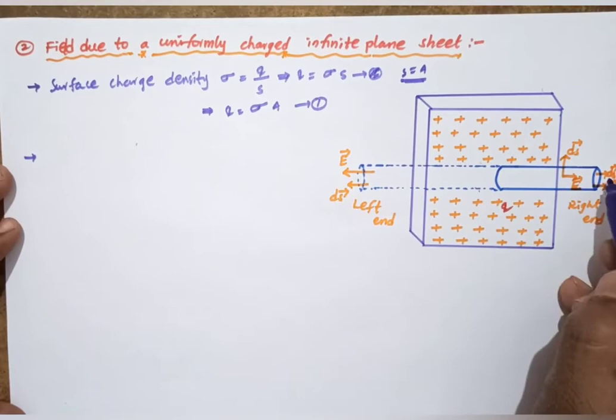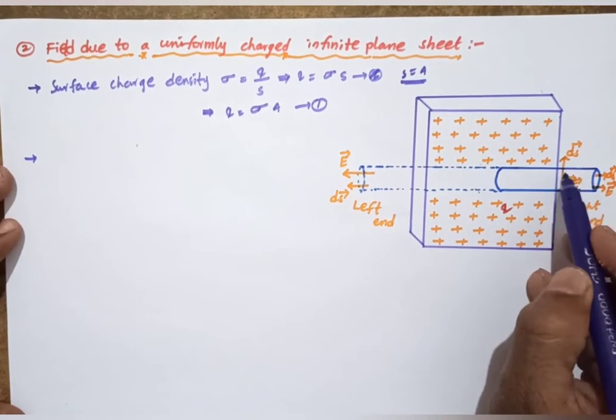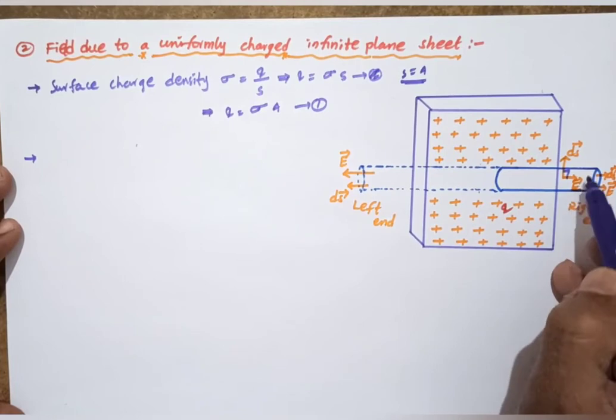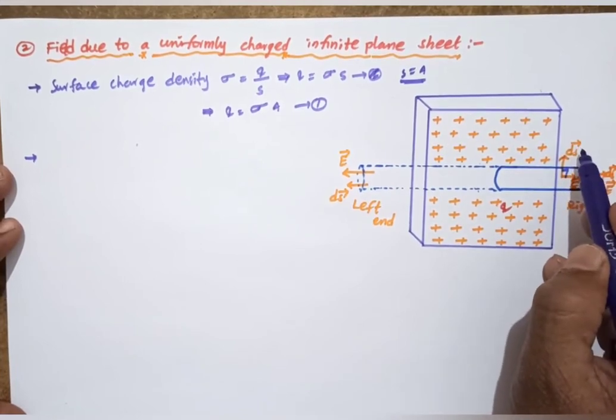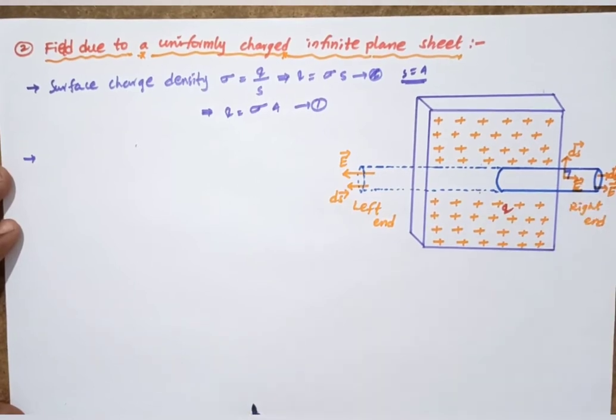At the right hand side, they are also parallel to each other, so theta equals 0. At the curved surface, the electric field direction and the surface area direction are perpendicular to each other.